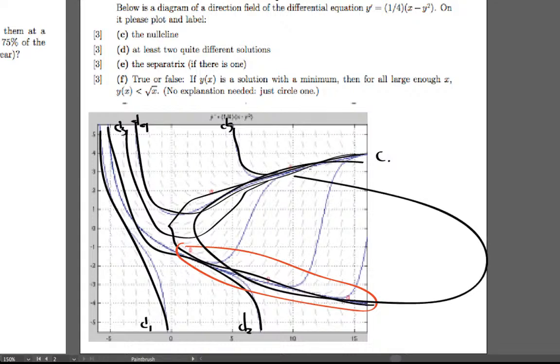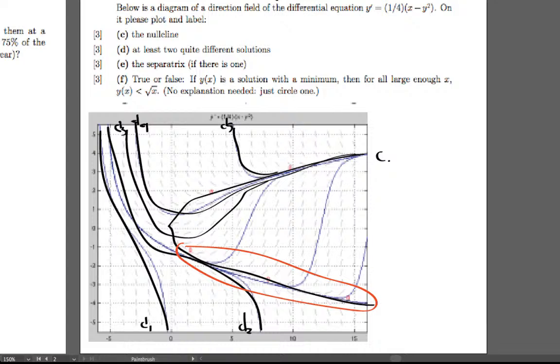The value is less than square root of x, which is true. But then this one here is a minimum though. But as it tends towards infinity, it's not. For example, this solution here is actually bigger than square root of x, which obviously you could tell.